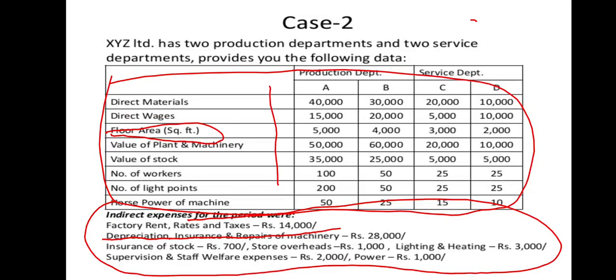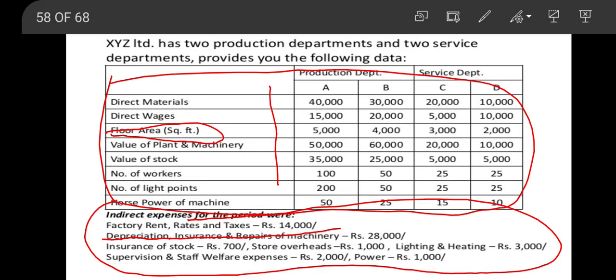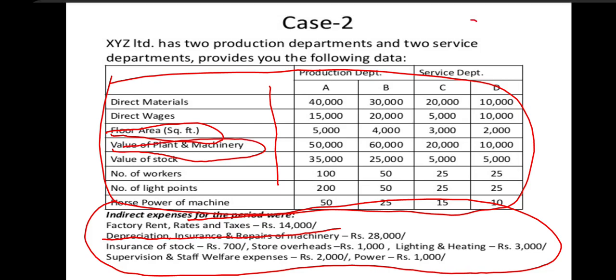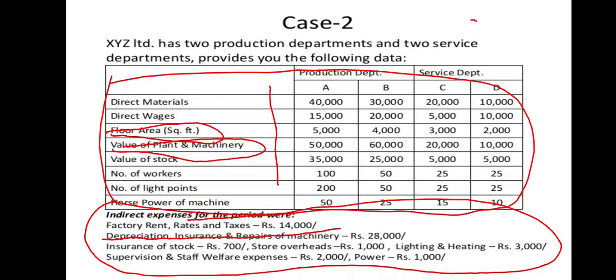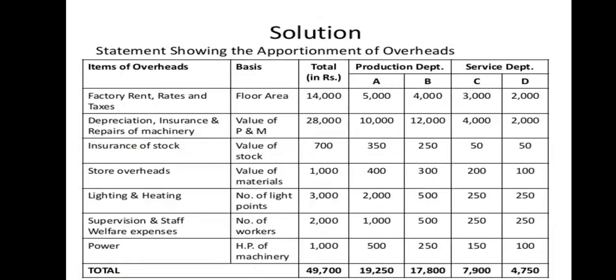And if you observe the value of plant and machinery, students, clearly given: 50,000, 60,000, 20,000, 10,000. Can we take those amounts? No, we cannot. So we need to take the ratio 5:6:2:1. So 28,000 you need to apportion based on their ratio.